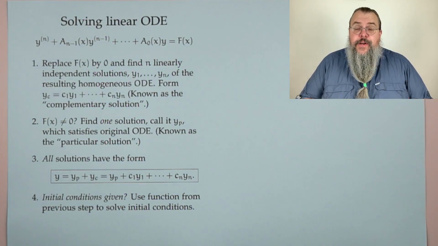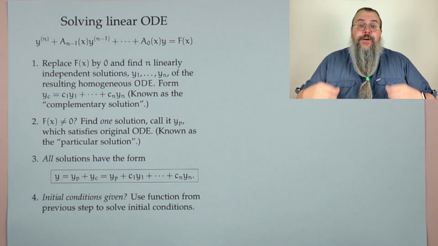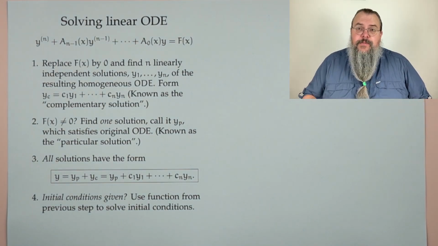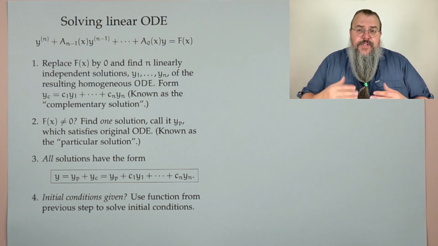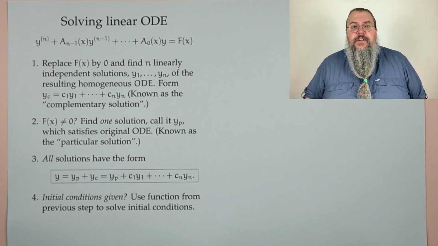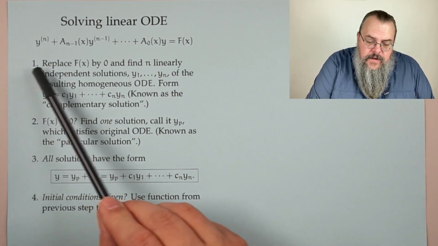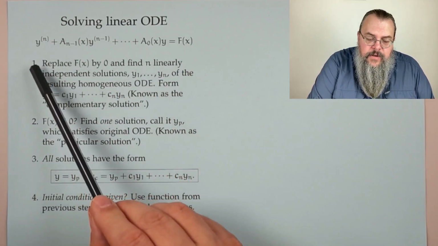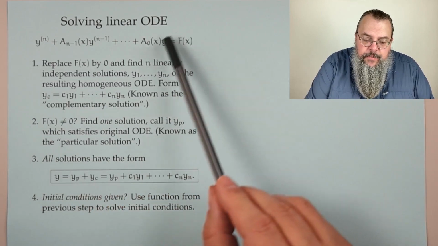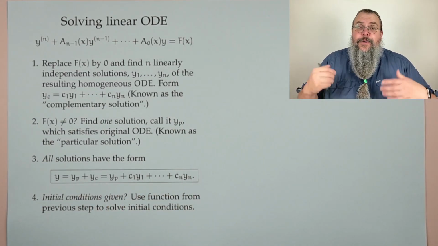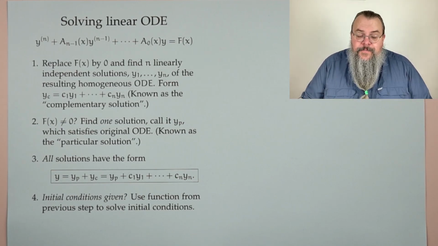So now we want to talk about our general strategy for solving these linear ordinary differential equations. We've talked a little bit about homogeneous equations and using superposition, but now what if we have full generality: we have this nth order differential equation, and maybe we have something on the right-hand side. What do we do?